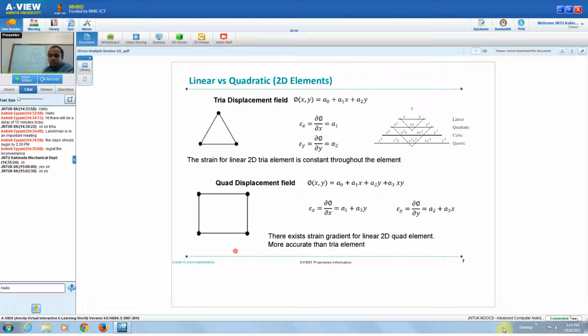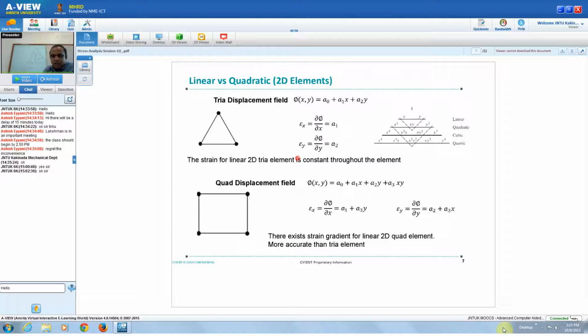This is the displacement function used for the quadratic element. When you try to differentiate with x and y, we get a linearly varying strain in both the x and y directions. So there exists a strain gradient for linear 2D quadratic elements.